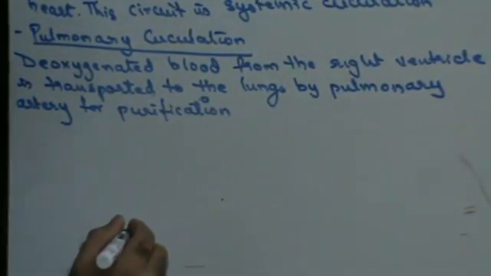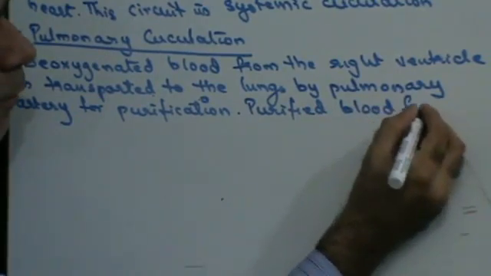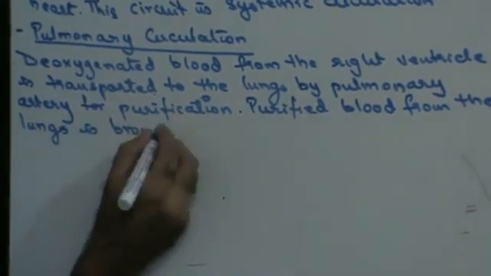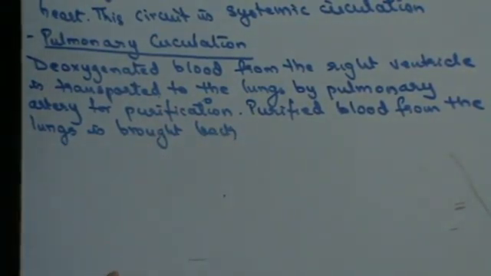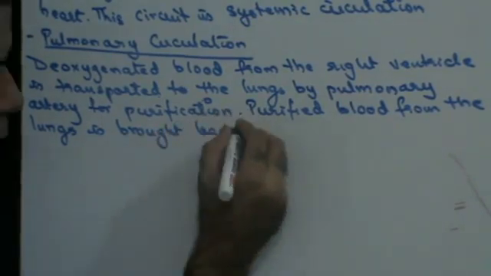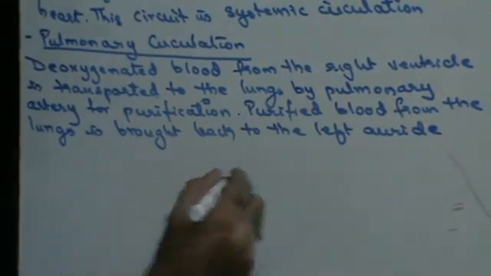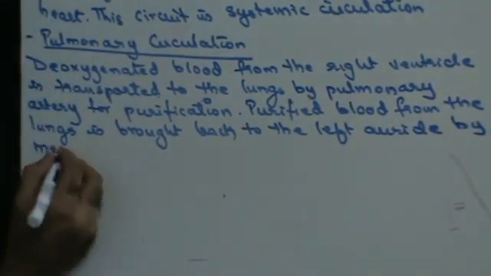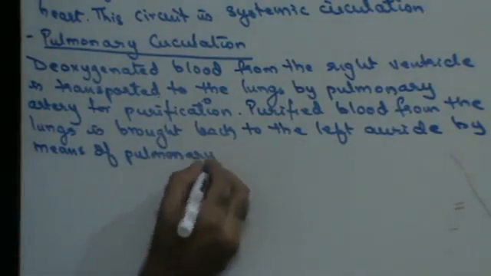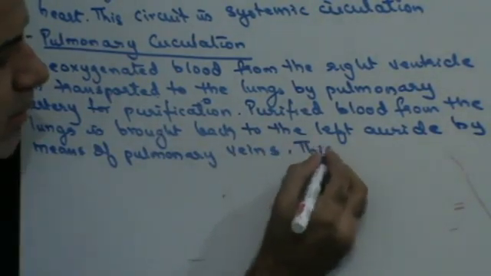The purified blood from the lungs is brought back to the left auricle by means of the pulmonary veins. Fine. This circuit is called pulmonary circulation.